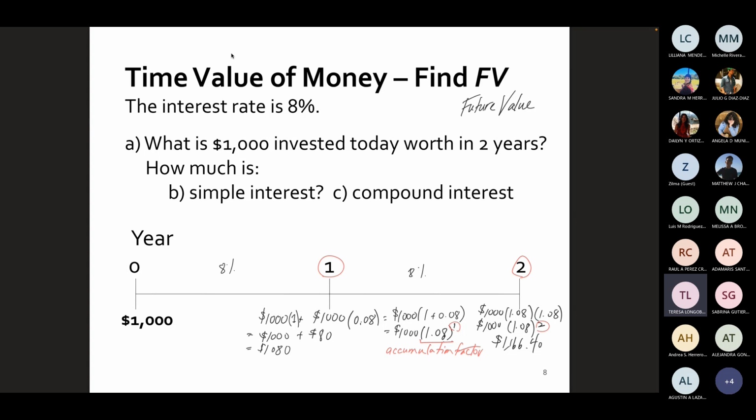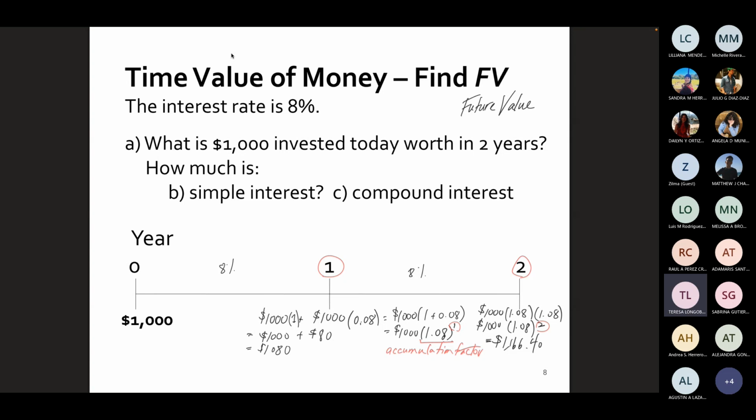And this is the basic time value of money relationship between the present and the future. Any questions? So I went from this plus 80, and I use an accumulation factor, and then I use it for 2 periods.